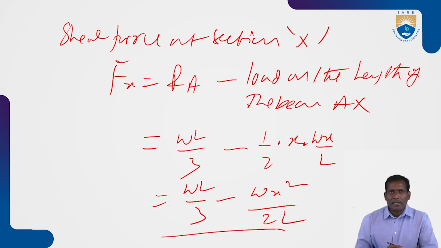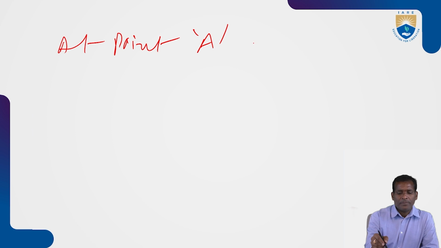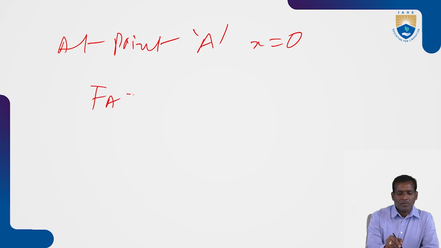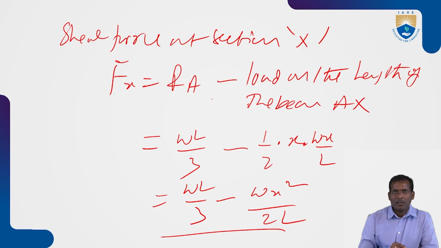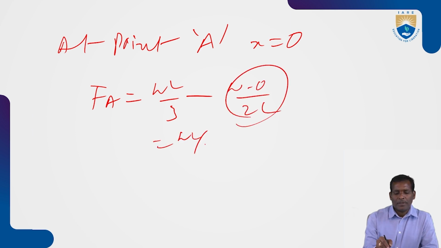Now calculate shear forces at different points. At point A, X is equal to 0. Substitute X is equal to 0: WL by 3 minus W into 0 by 2L, so 0. So WL by 3.